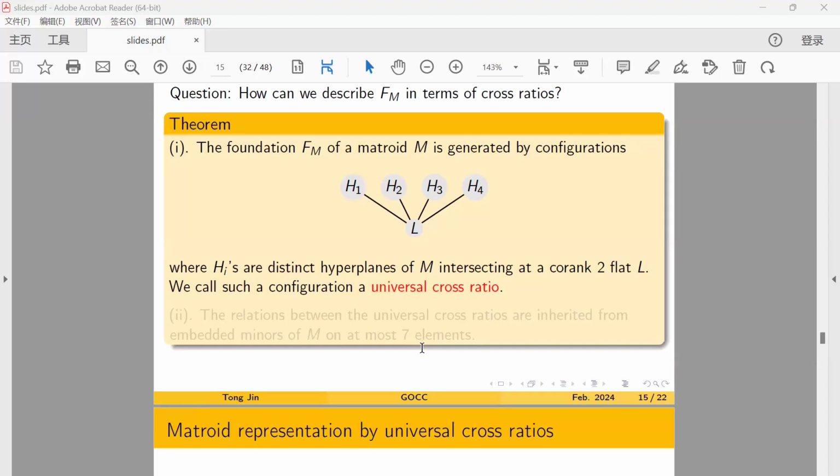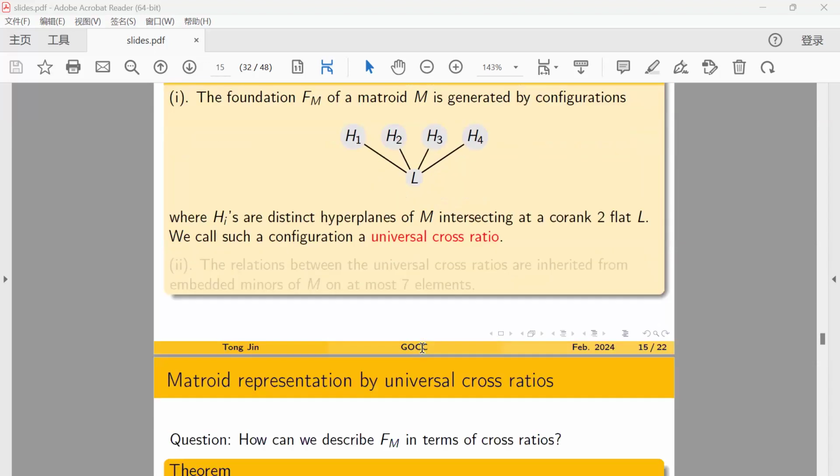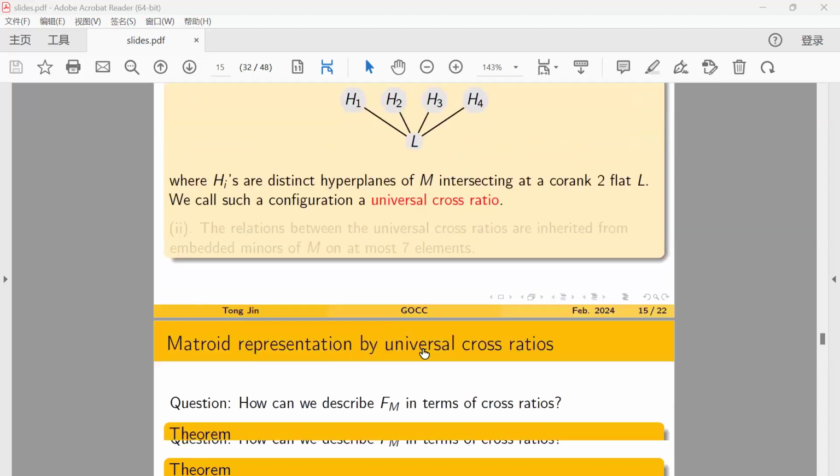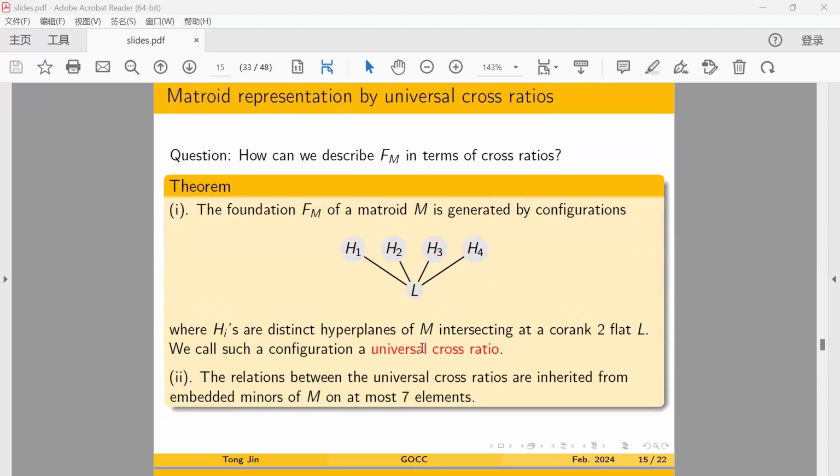Furthermore, the relations between those universal cross ratios, or the relations between the U24 minors, are given by the embedded minors of the matroid M on at most 7 elements. And there is actually a finite list of those small minors, which I will talk about later on.